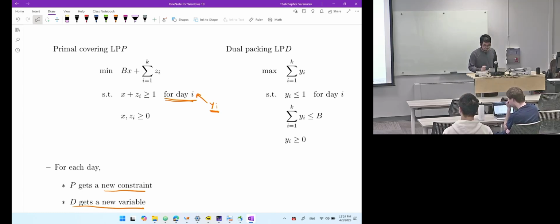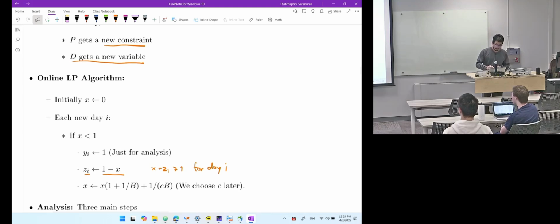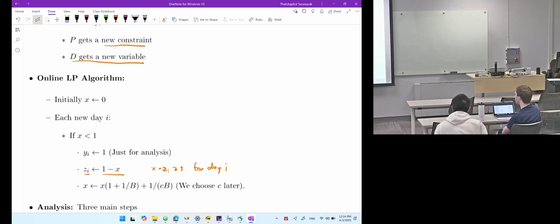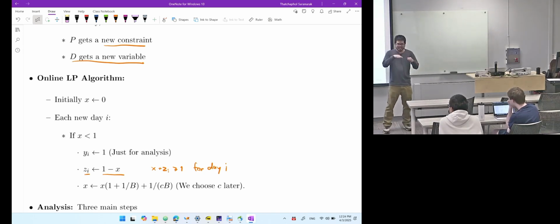Okay. So back to the algorithm. On each day, I just set yi to 1, and just rent to the extent that I satisfy the day i. And then I'm going to increase x fractionally. The idea is that on each day, the extent to which I want to buy should increase again and again.